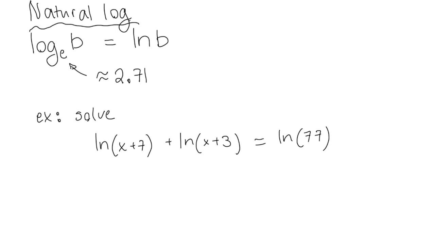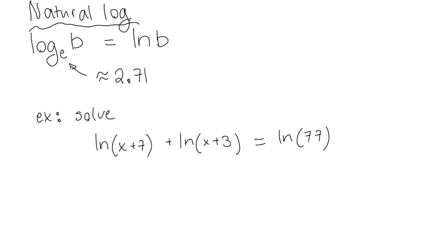Now, the idea with solving logarithmic equations is that if we can have a single logarithm equal to a single logarithm, and the logarithms have the exact same base, and in this case, we do have the same base because the bases are all e, right? They're all ln, meaning the bases are all e.